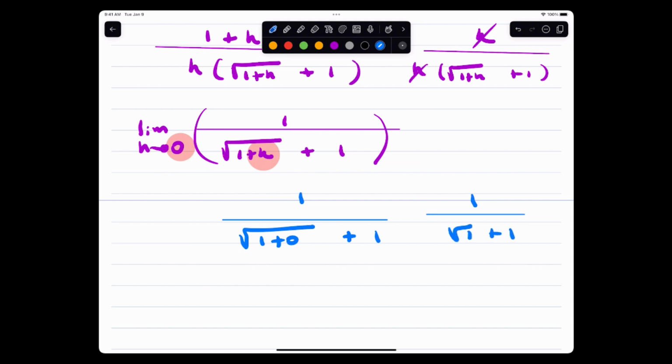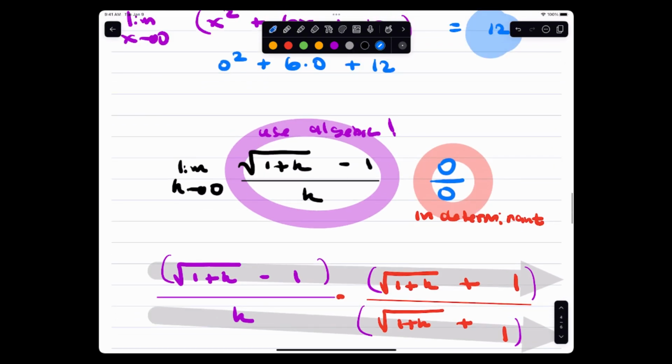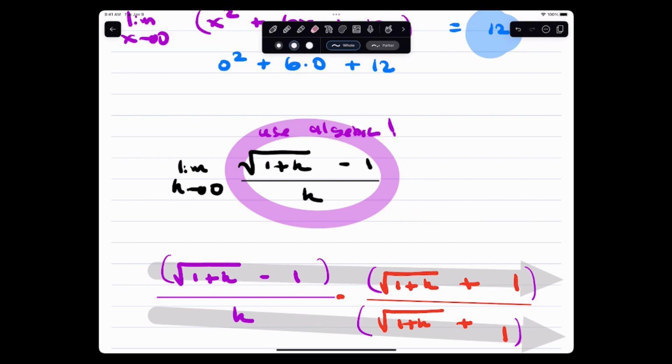You guys know what that is? The limit is 1/2. Is that right? Yep. So in other words, it's now determined to be 1/2. It's no longer indeterminate, by using some algebra. This is going to be 1/2. Anyway.